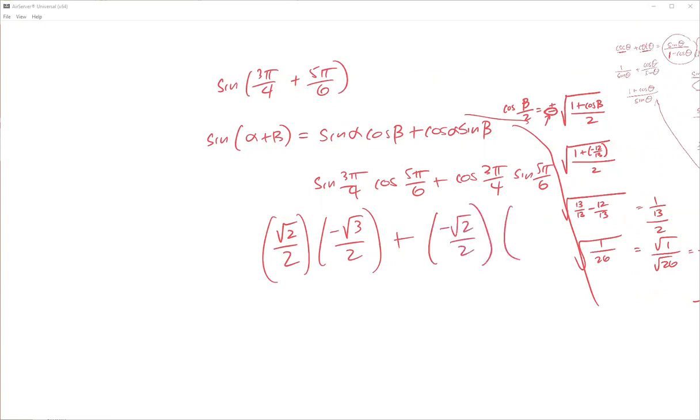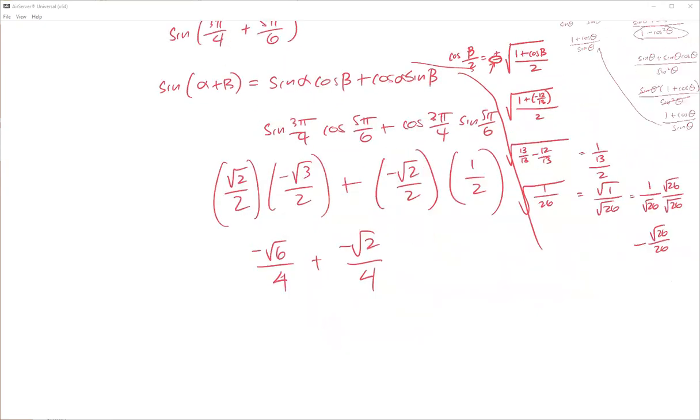Sine 5 pi over 6 is 1 over 2. So this is negative radical 6 over 4, plus negative radical 2 over 4. Sorry, this is radical 4, my bad. I thought I was adding. This just equals negative radical 6 minus radical 2, over 4. That's your answer. So that one shouldn't be too bad.